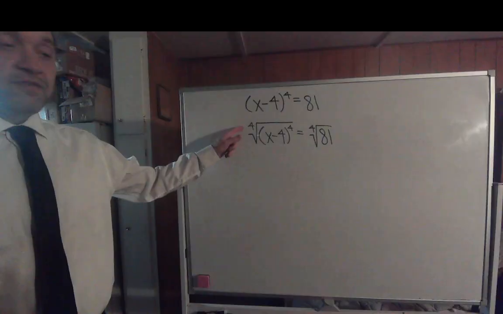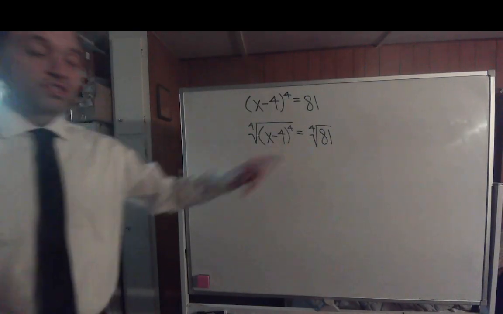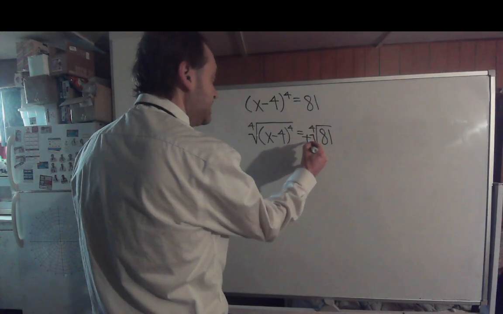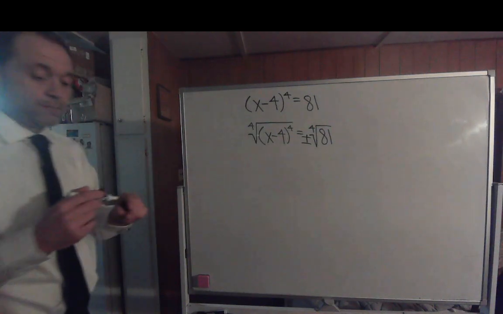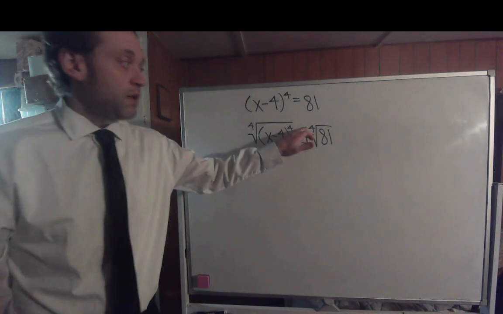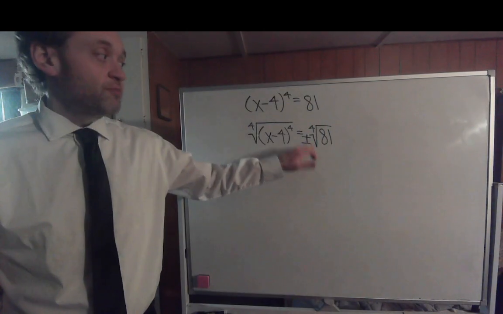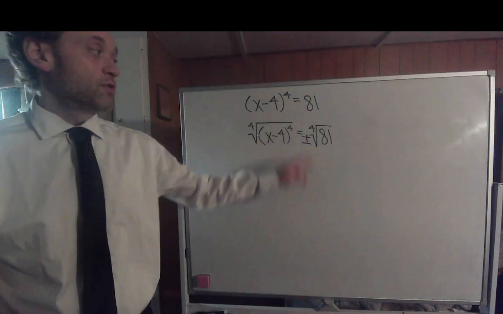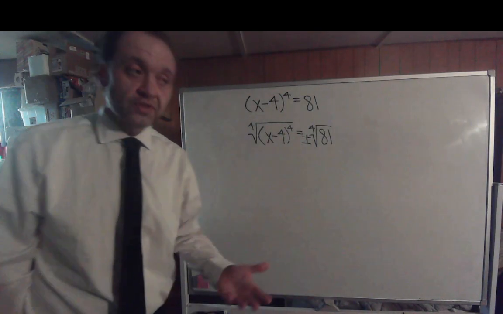If you have an even root, you're going to have two real solutions. So that means you actually have to take both plus and minus the fourth root of 81. If it's an even root, you're going to have both plus and minus, just like you would for a square root. It would be the same for a fourth root or a sixth root, a hundredth root, what have you.